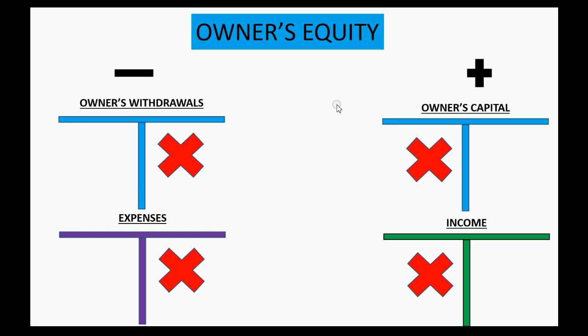If your transaction requires that you use the owner's capital account or the income account, then you know for sure you're going to make a credit to either income or capital, and the other account in the transaction should be debit. So now your adventure of debits and credits should actually be easier by understanding the meaning of these four items under owner's equity.